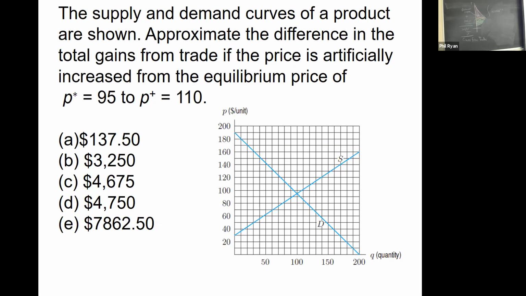So the difference in gains of trade is this little triangle here. Let me color in that triangle over here. So we want to figure out what is the area of that triangle.